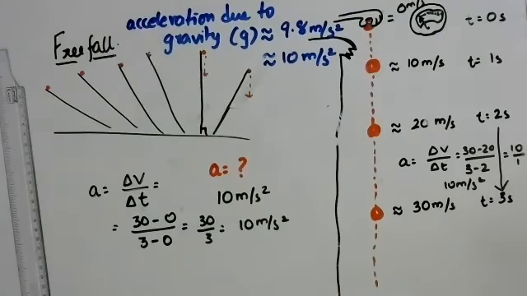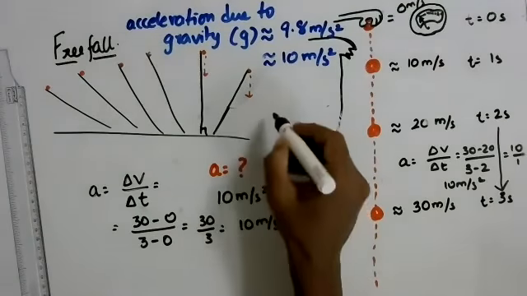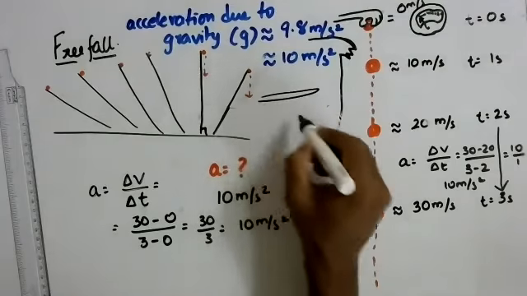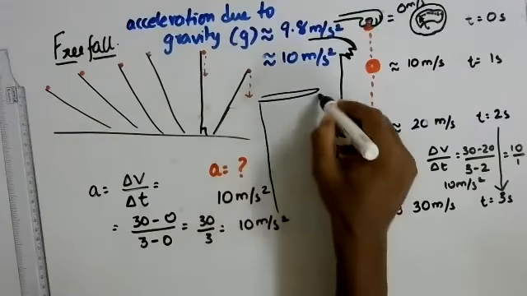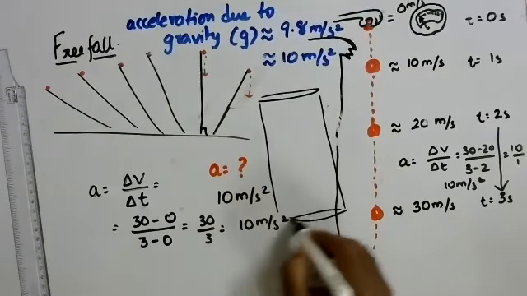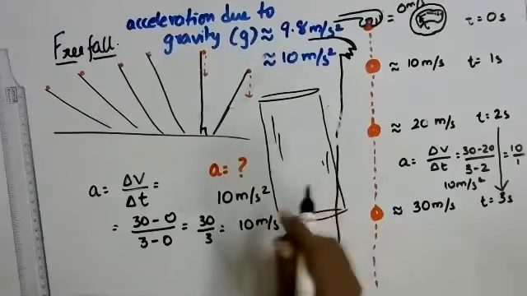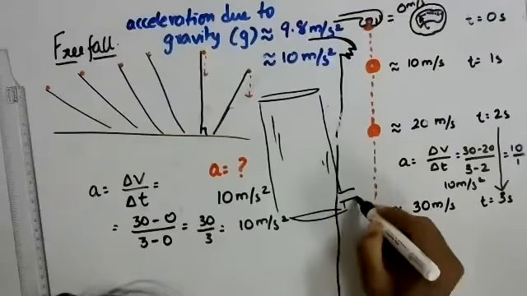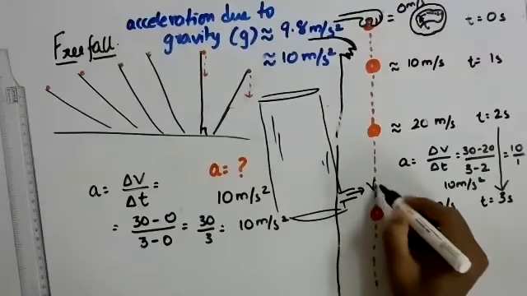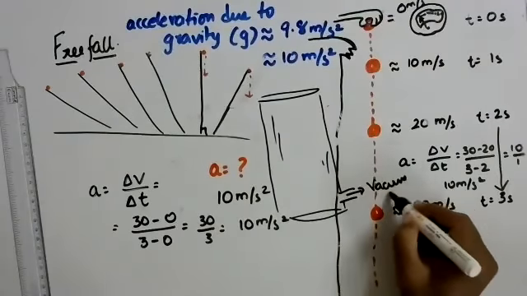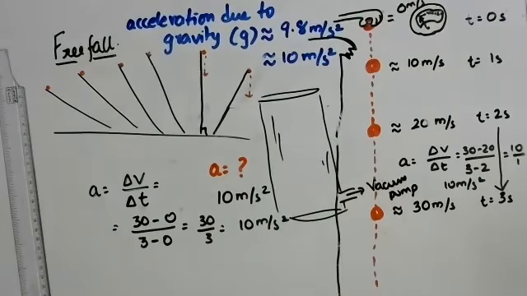Like I said yesterday, if we had a situation in which, say for example, we create a vacuum. Okay, so there is a sort of glass jar and you connect this to a vacuum pump. And you remove all the air from inside this.